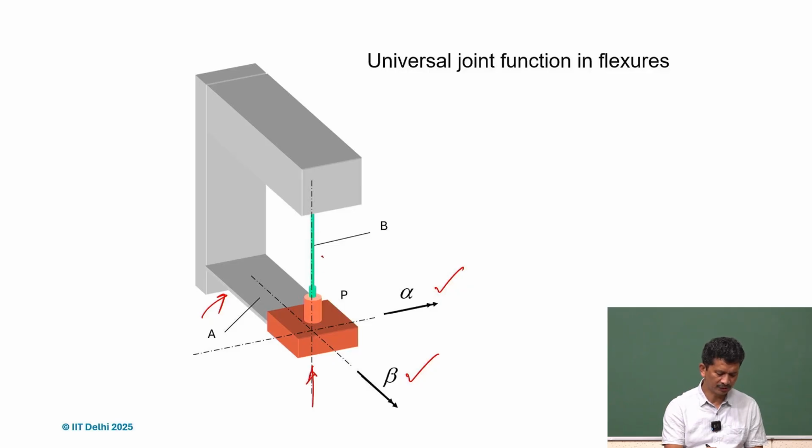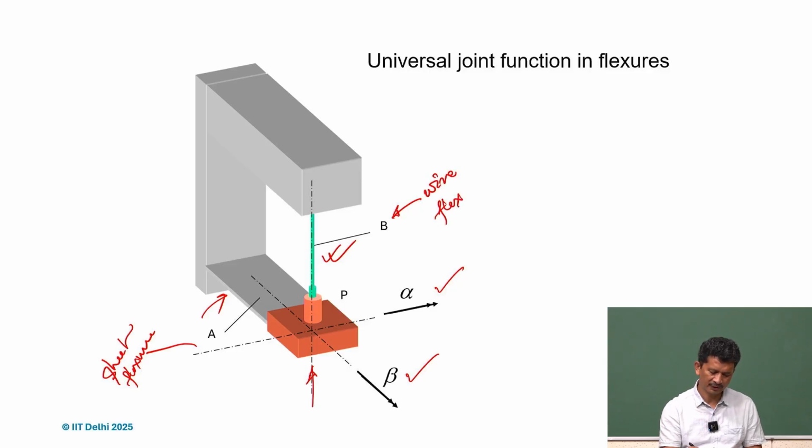And suppose we just place this wire flexure, so this is your sheet flexure, and this is the wire flexure. What the wire flexure does here is it stops this vertical displacement, and since they are in parallel, we only have alpha and beta, so two rotations.